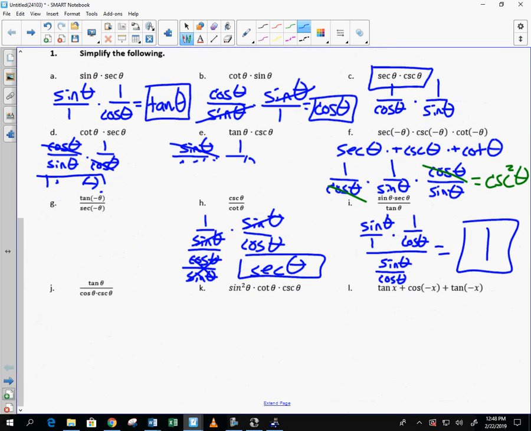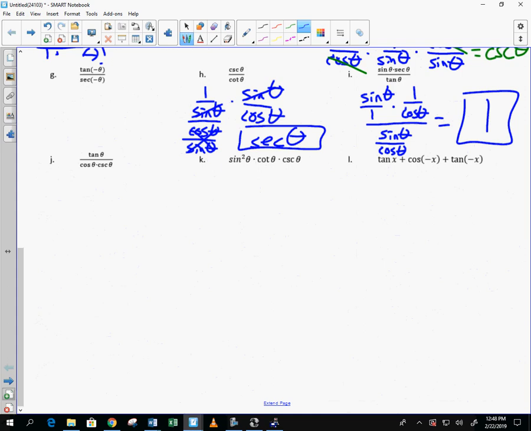How about letter J? Sine theta over cosine theta over cosine over 1 times 1 over sine. Yeah. Is it the same thing in the top as you have in the bottom? No, it's not, is it?